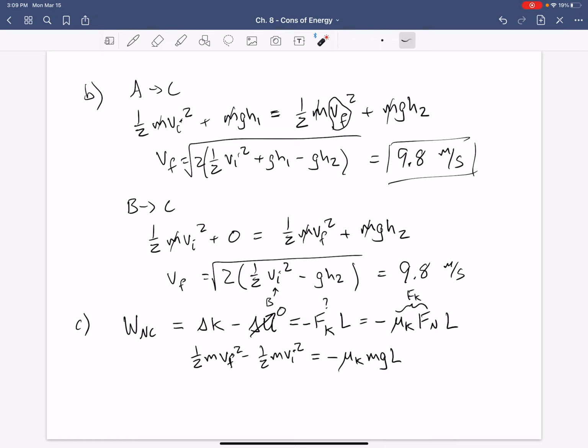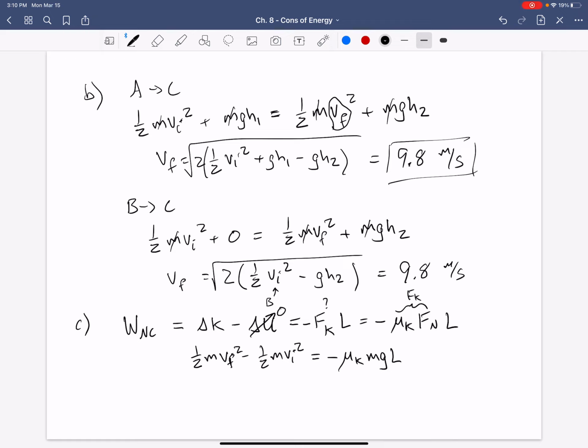So we want to see if the kinetic energy before it hits the track is greater than or less than the work done by friction. If it is greater, the box will slide through the entire length L and have some final speed. If it's less than the work done by friction, then the box stops and we can solve for distance.